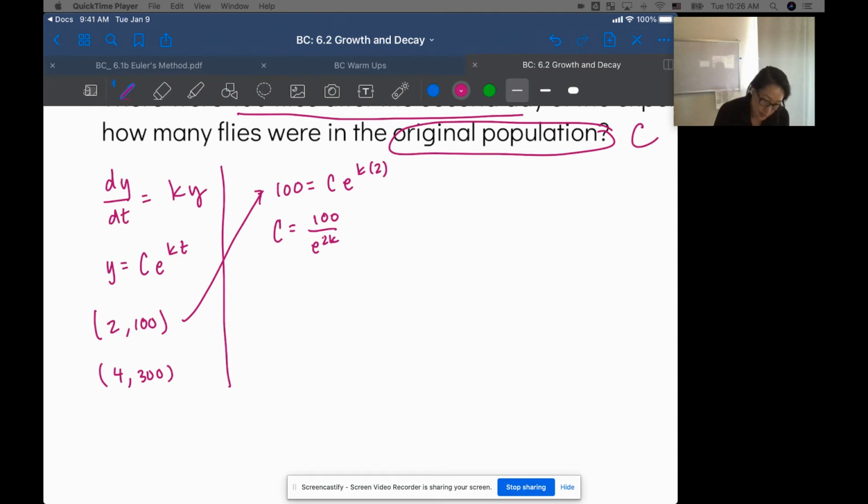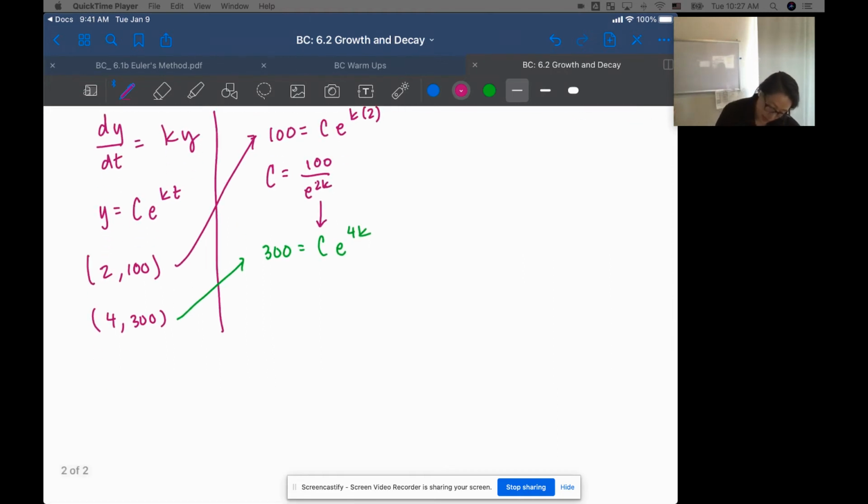And then I'm going to use the other point and plug in again. So 300 is equal to C times e to the 4k. And I'm going to substitute my first equation into the second. Okay. So I get 300 is equal to 100 over e to the 2k times e to the 4k.